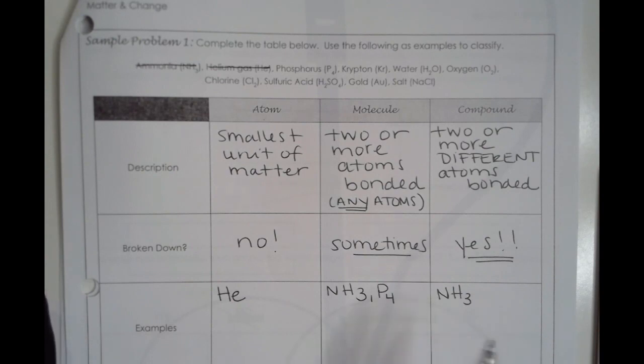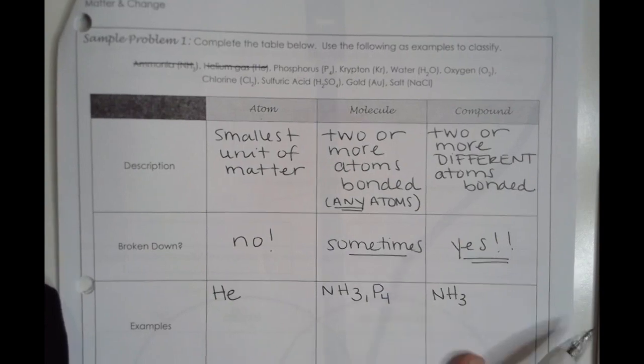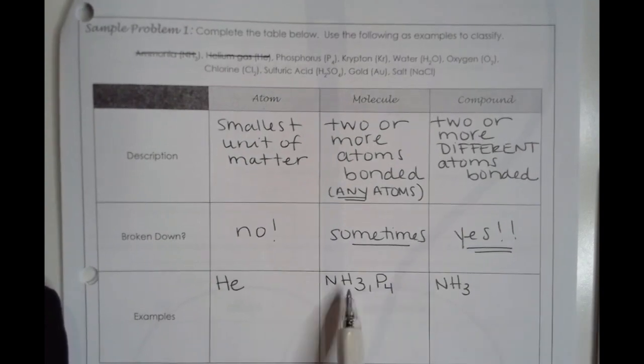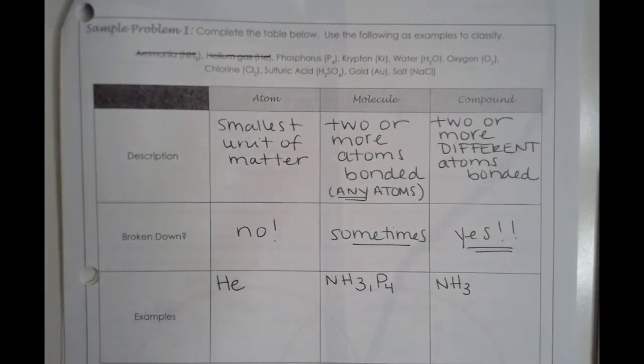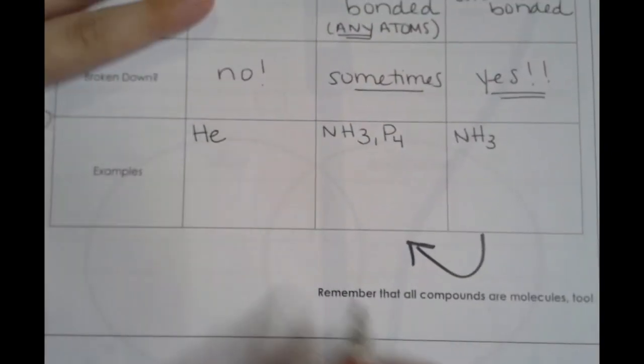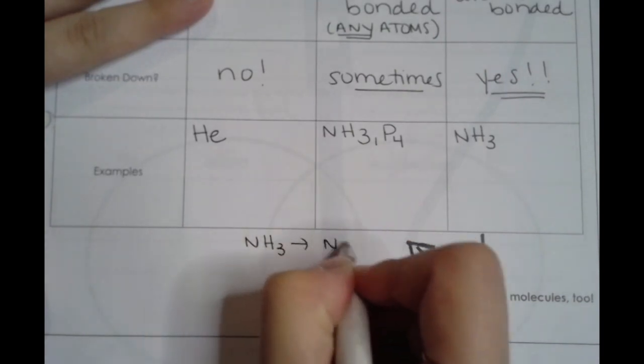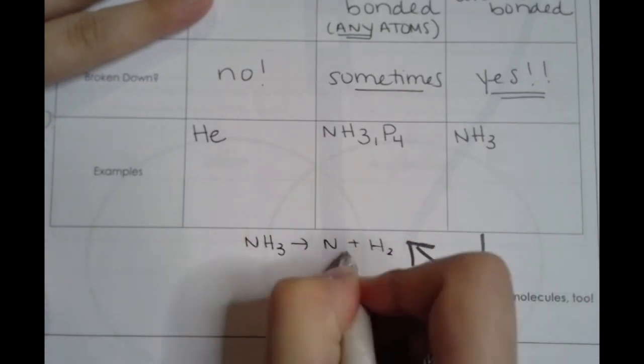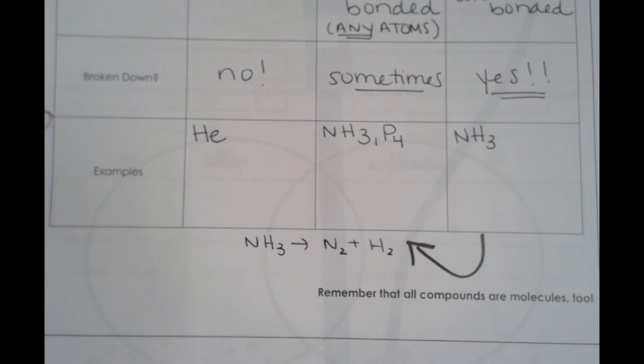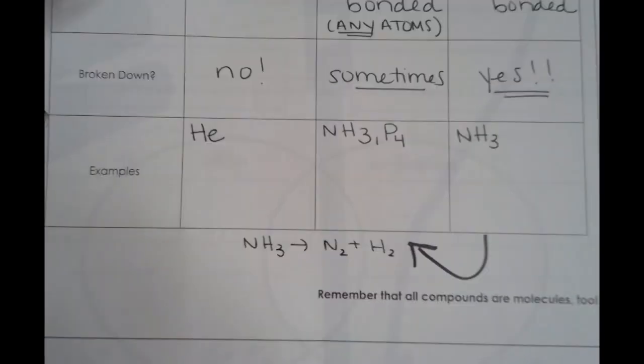So here's the difference between the two, which is why the answer to this is sometimes. So ammonia, like I said, we can break down into its elements. So I'm just going to move this down here. I can break ammonia down into nitrogen and hydrogen. I'm going to put 2's there because technically that's the correct structure for that, or the correct formulas.